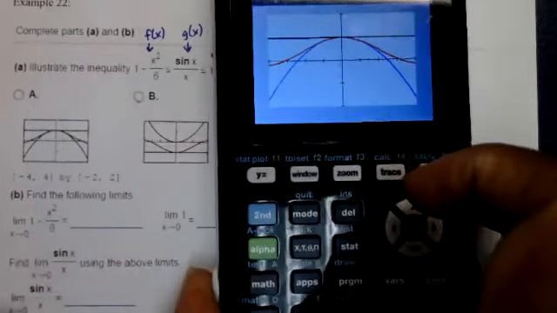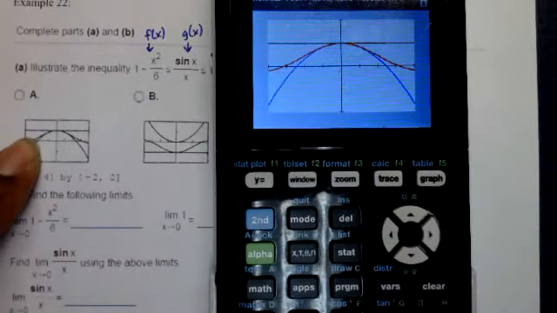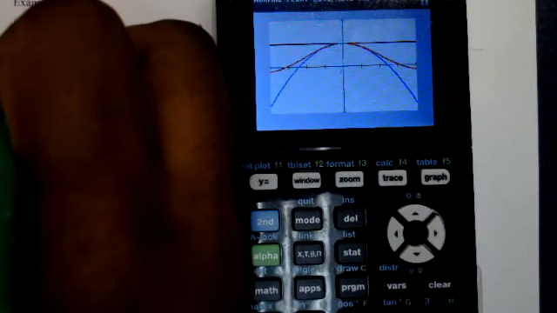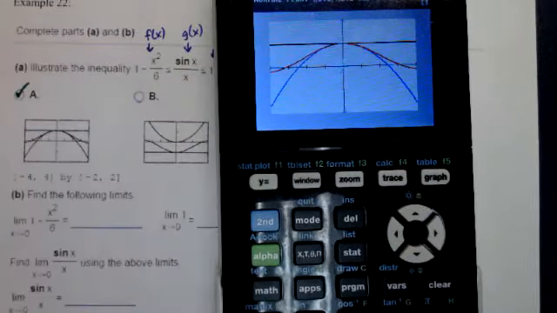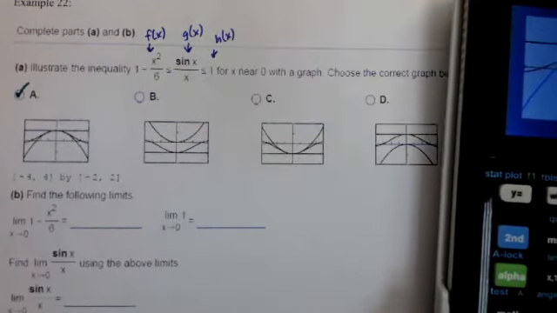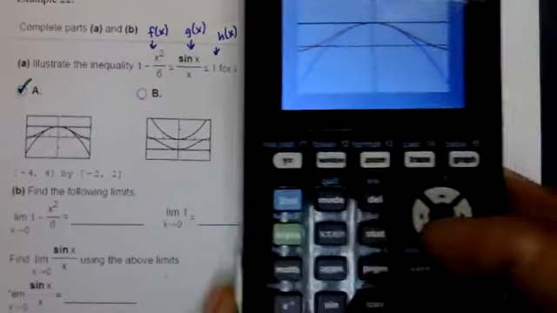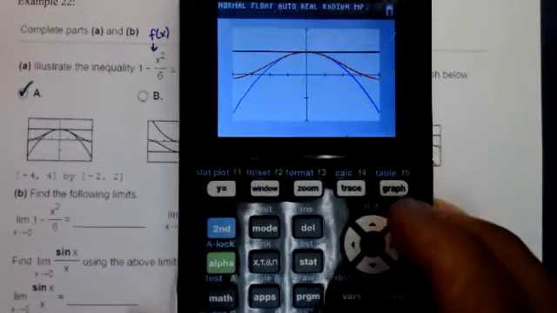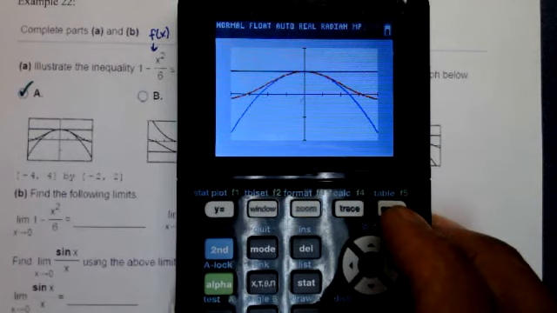And it looks like that first graph right here. Okay, so that's what that graph looks like.